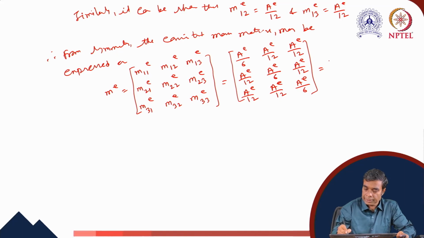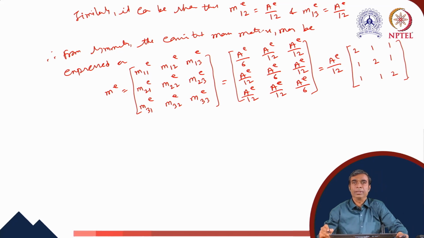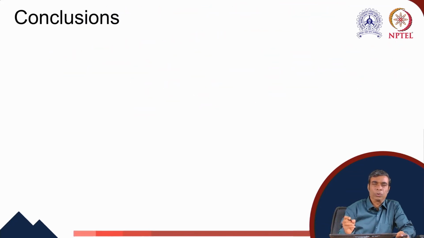So we can take Ae by 12 outside and then we can get it as 2, 1, 1, 1, 2, 1, 1, 1, 2. So this is the final expression for the consistent mass matrix of a three-noded or linear triangular element. We conclude today's class here.